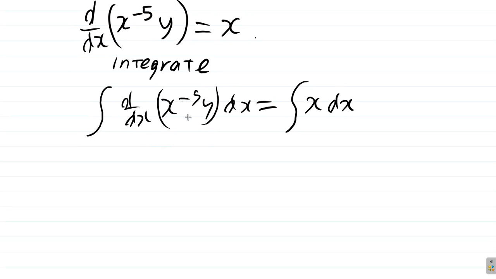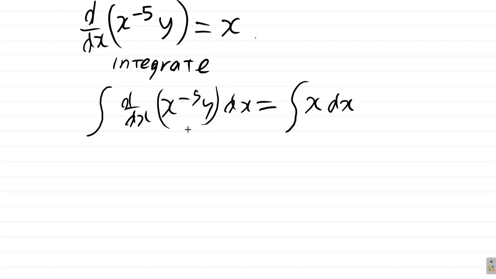So let's see what happens here. You're integrating with respect to x, and at the same time you're differentiating with respect to x. The integral and the differentiation cancel each other out, leaving the function undisturbed, just like square and square root.